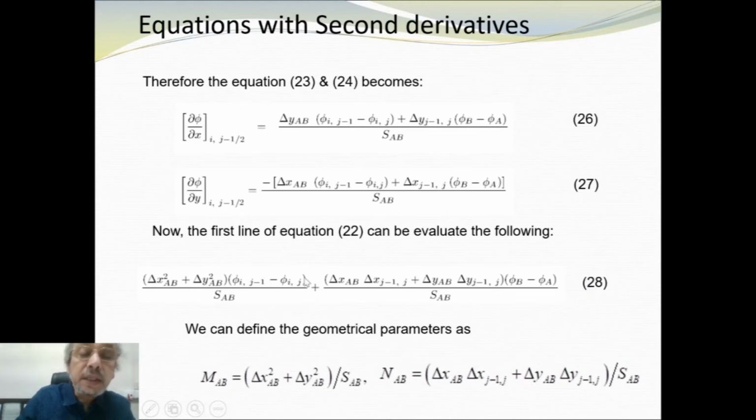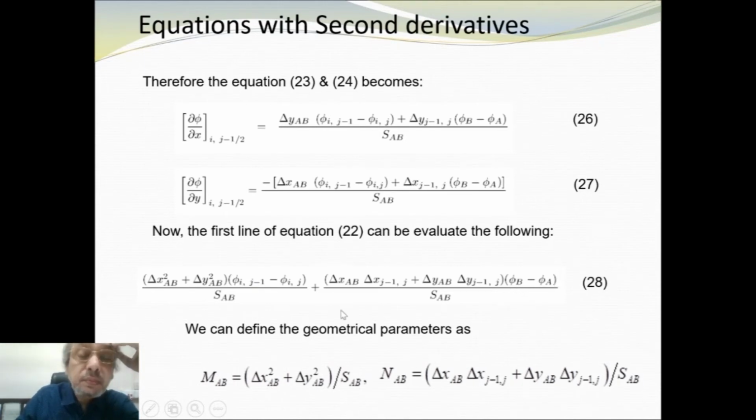Now if we look at these quantities, delta x square AB, delta y square AB, area AB, delta x AB, delta x j minus 1 j, delta y AB, delta y j minus 1 j, and again area, all these are comprising of geometrical parameters, and here the field variable, that is the dependent variable, is phi I j minus 1 minus phi I j and phi b minus phi a.